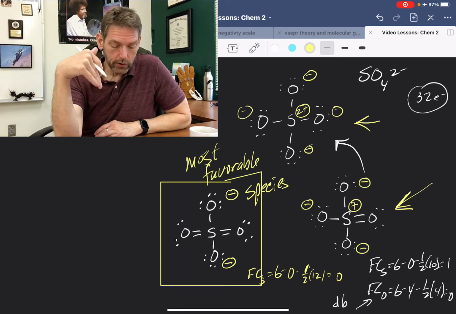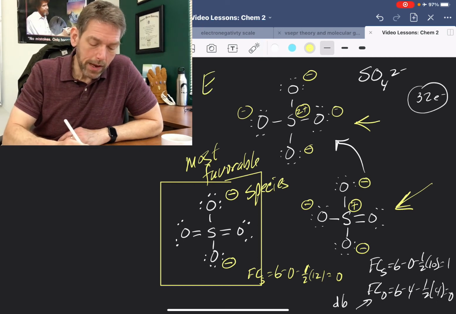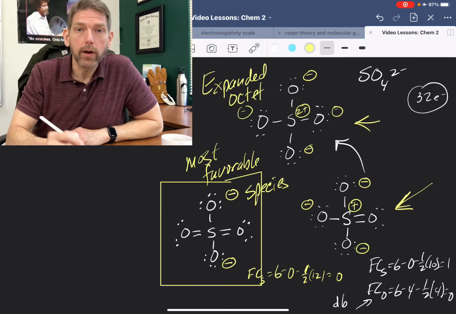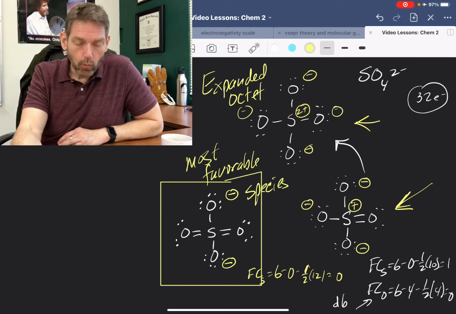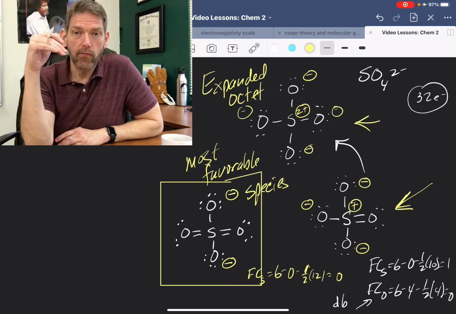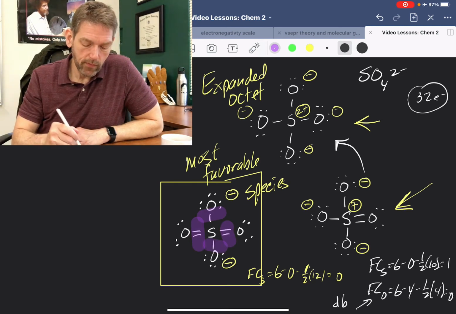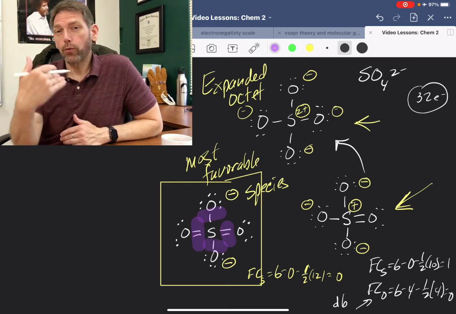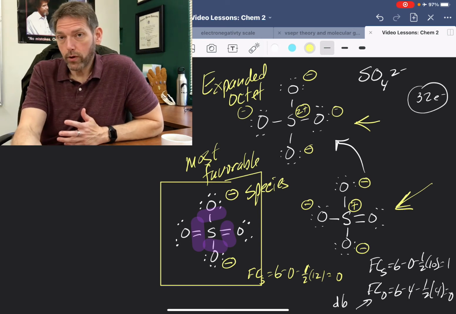We just saw that sulfur can have what we call an expanded octet. All right, this is an expanded octet. So looking at this, we know that there are 4 bonding regions, 1, 2, 3, 4, around the central atom. So we know that this would be a tetrahedral geometry, right?